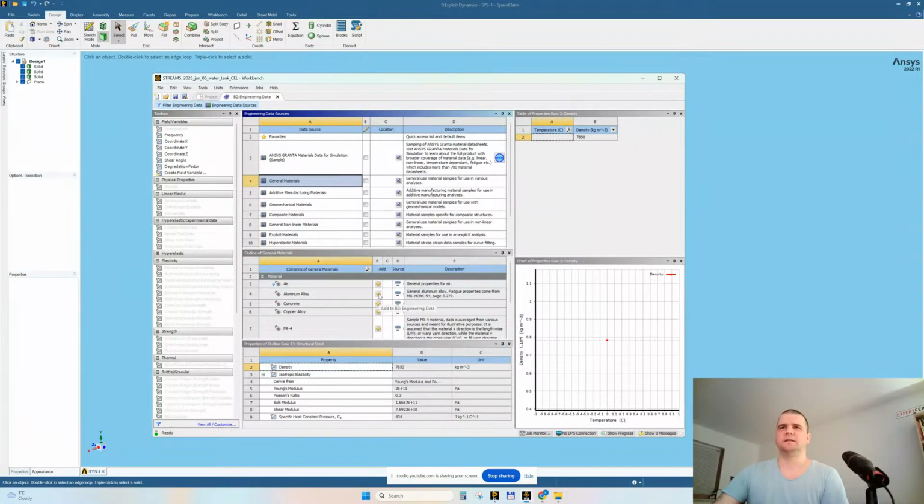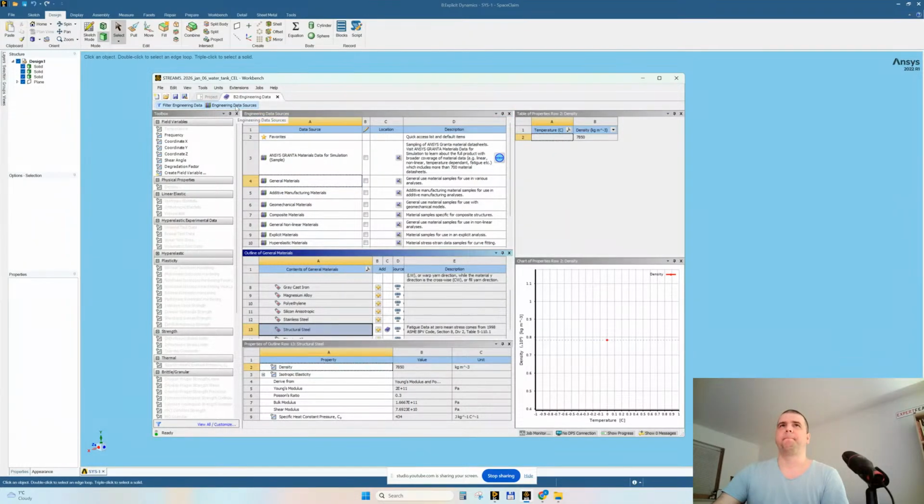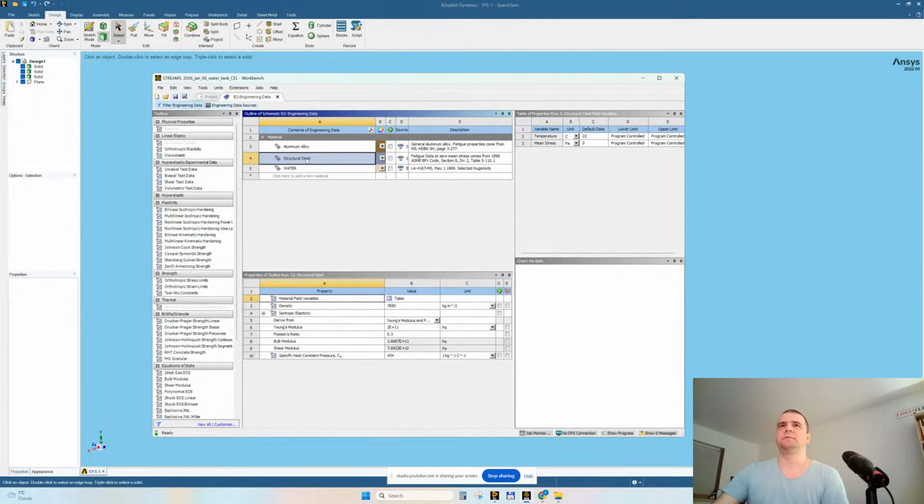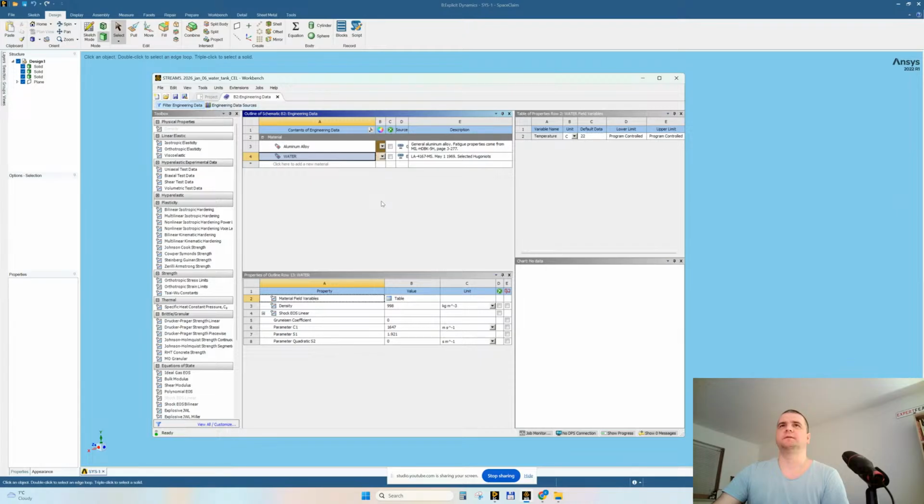There you can see the fact that a lower density influences the time step. It will increase the time step, thus shortening the solving time. So aluminum alloy. And here, let me delete this steel. We have the proper materials now.